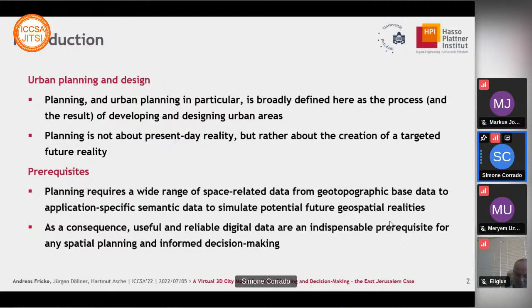So a broad data stock or data lake, and we all need this to shape the geospatial reality, kind of the digital twin in the future. As a consequence, we need the data, and if we do not have the data, what is there to do?